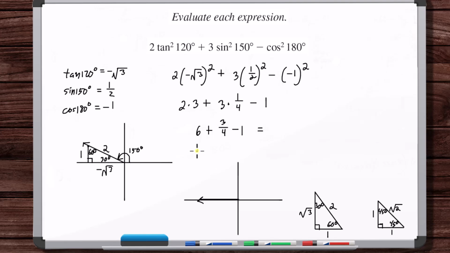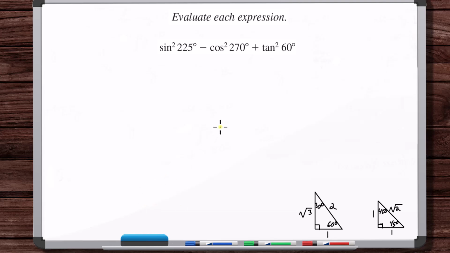So 4 over 4 times 6 is 24 over 4 plus 3 over 4, and then minus 4 over 4. 24 plus 3 is 27, 27 minus 4 is 23. So this is 23/4.